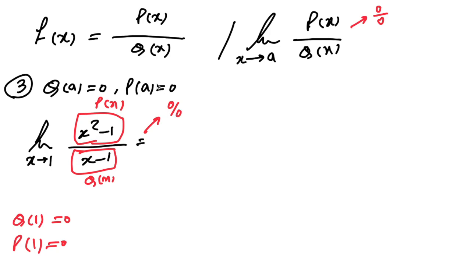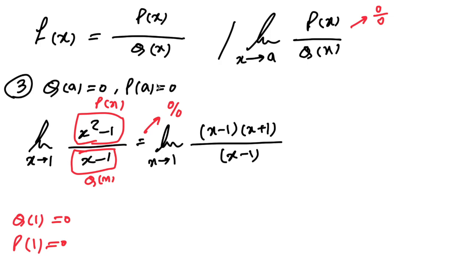To simplify this one, this limit is equal to the limit as x approaches 1. What about the numerator? If we factorize x squared minus 1, it's x minus 1 times x plus 1. What about the denominator? It's just x minus 1.